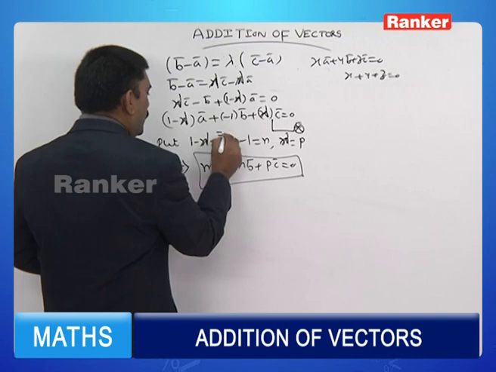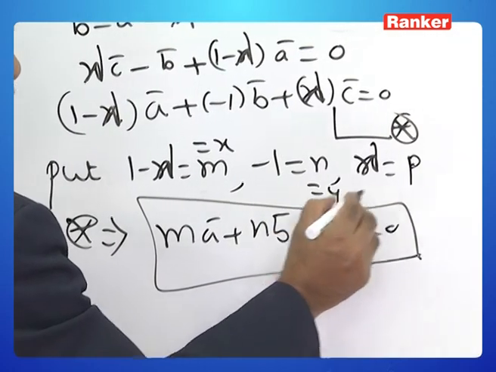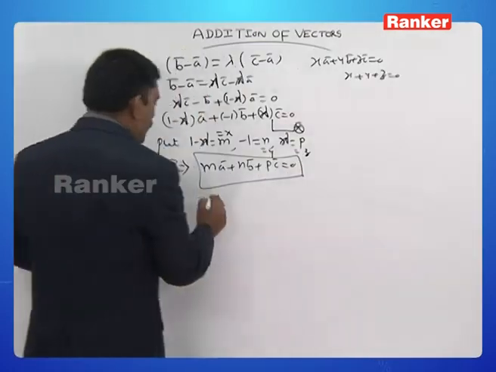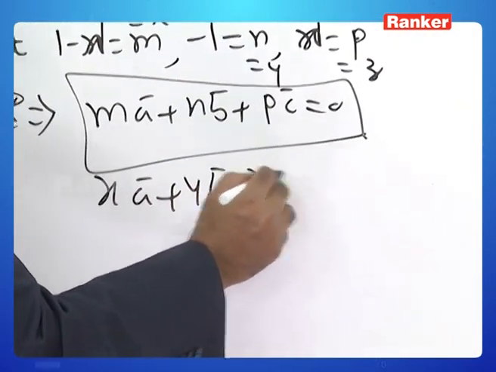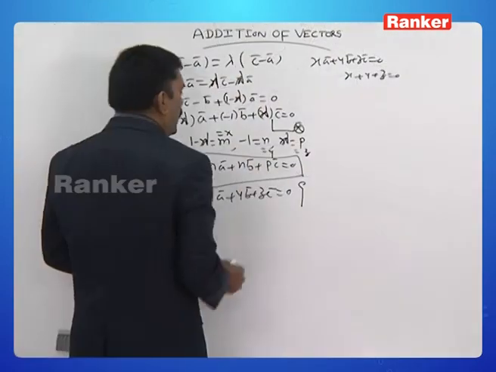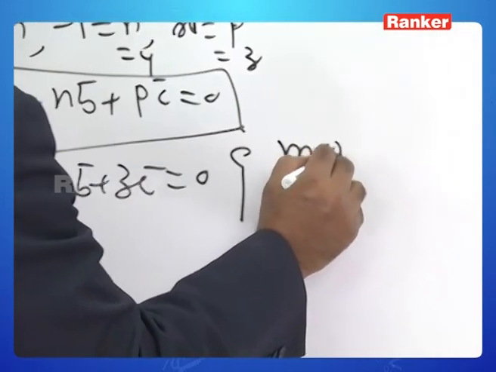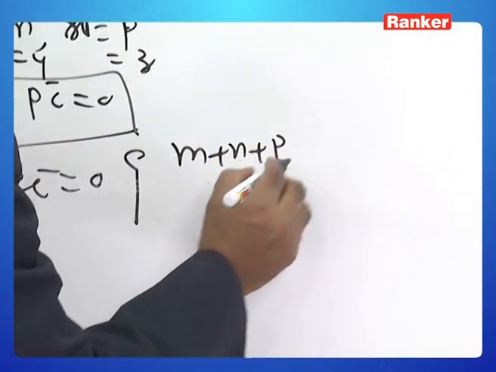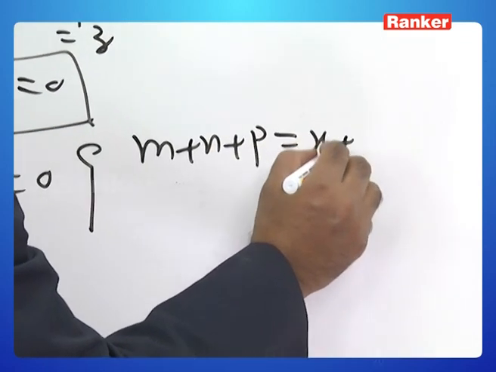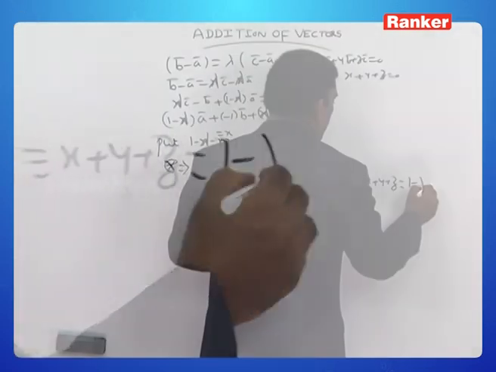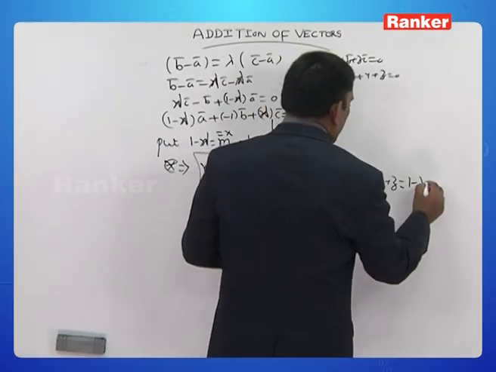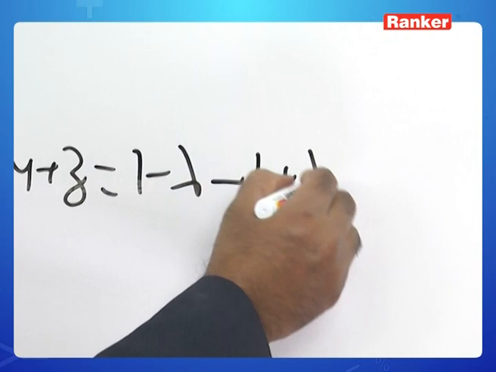This can also be taken as X, this as Y, and this as Z. Or else I can write X A bar plus Y B bar plus Z C bar is equal to 0. And M plus N plus P is the same as X plus Y plus Z, which is 1 minus lambda, plus minus 1, plus lambda.